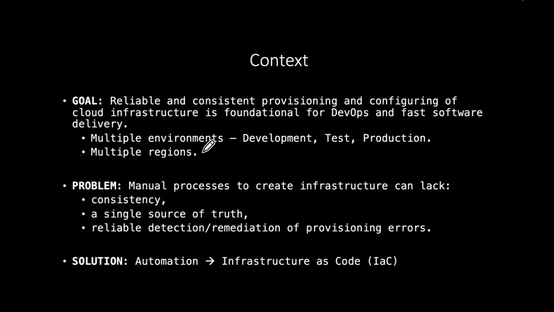Also, if we're deploying an application to the cloud, we know in the case of AWS, and in the other cloud platforms as well, AWS breaks the cloud into regions, geographical regions.